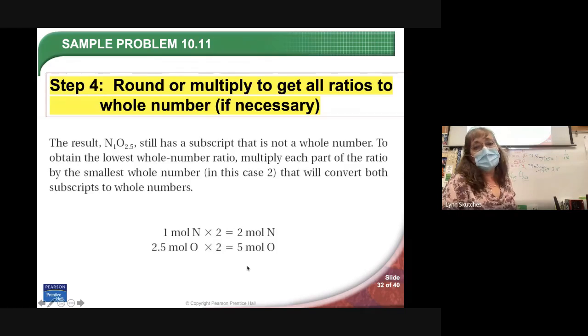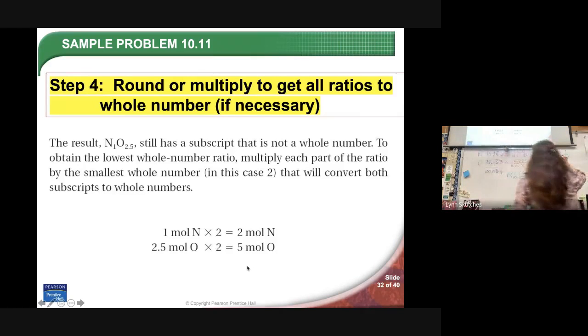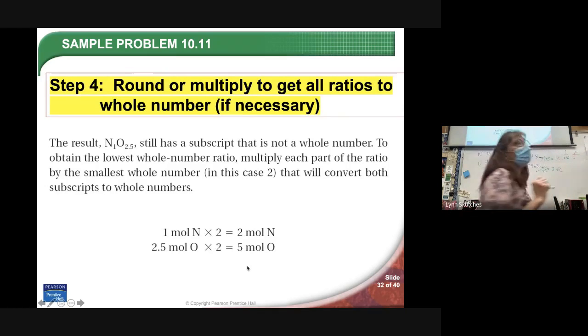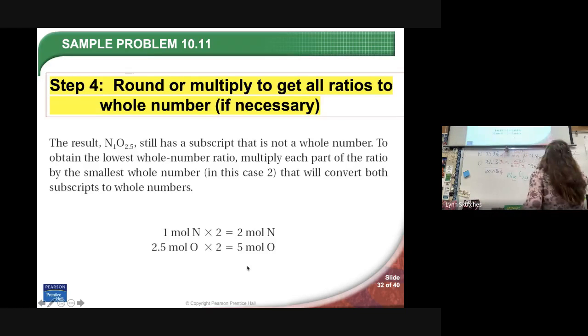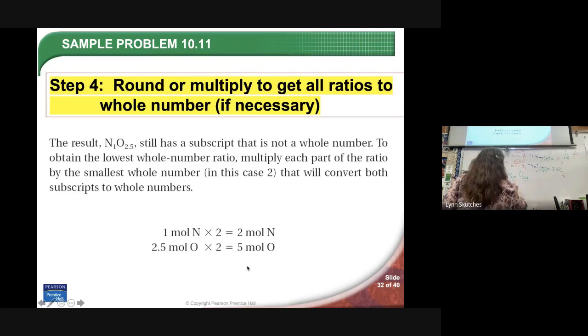Multiply it by 2. And if we multiply it by 2, the 1 becomes a 2, and the 2.5 becomes a 5. These then are the whole numbers of atoms in proportion to each other.